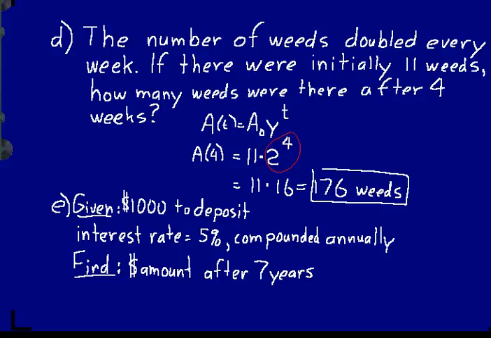We're given that we have a $1,000 amount to deposit at an interest rate of 5% compounded annually. What I want you to find is the dollar amount after 7 years in the bank at that interest rate.